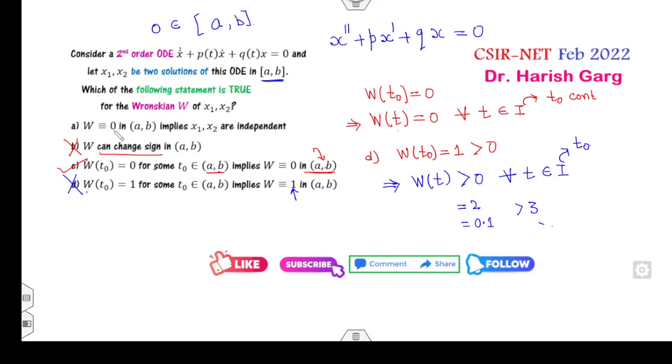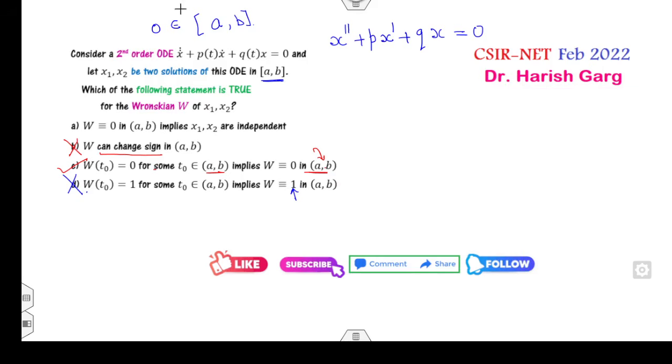Now, Wronskian is 0 in the open interval a comma b implies x1 and x2 are independent. Now how can you check whether this is true or not? Again that's very simple. What is given to you? I can choose a as -1 and b equal to +1, so I can choose any 0 in the open interval. So Wronskian is 0; this is given to you.